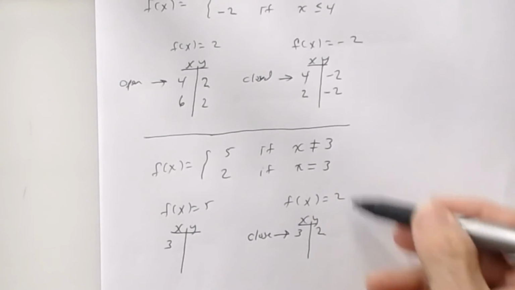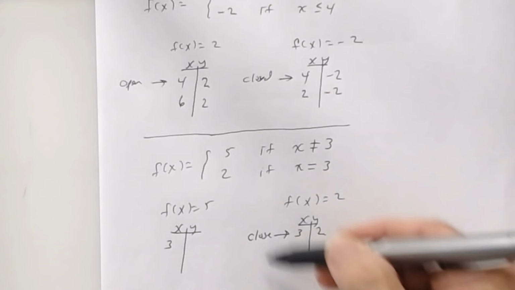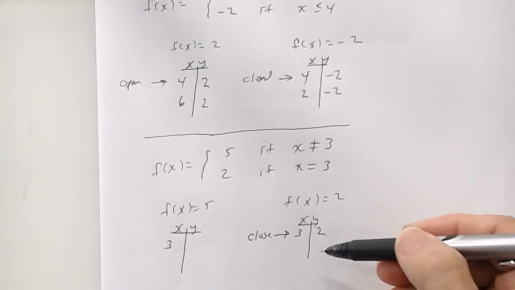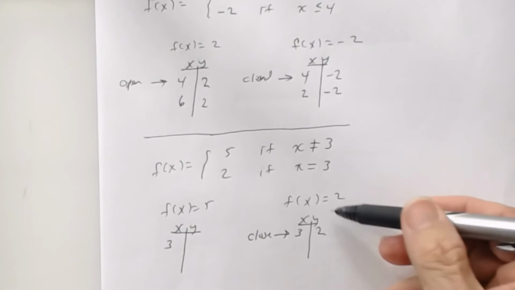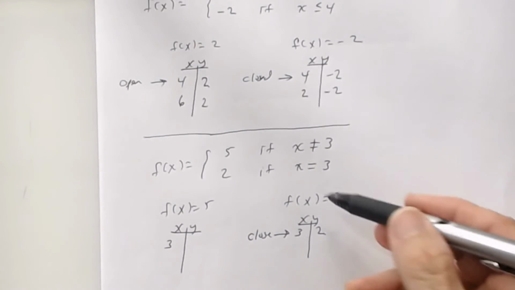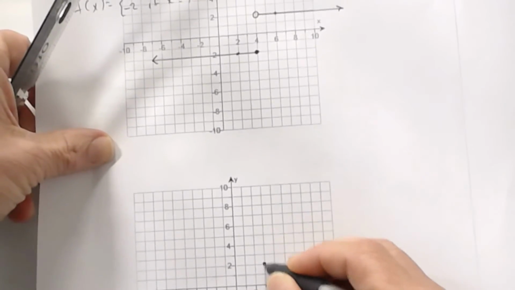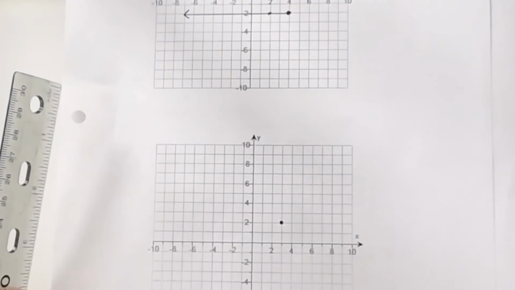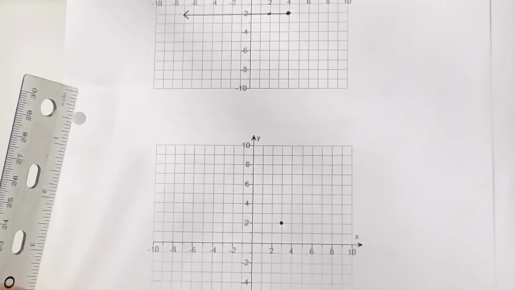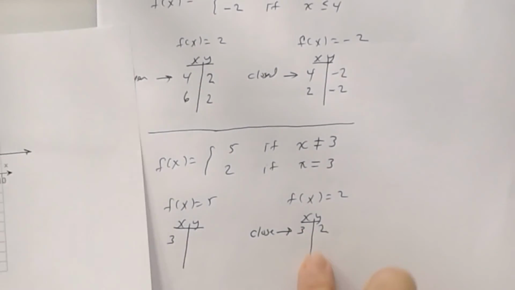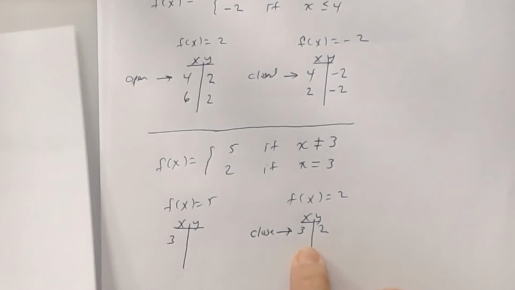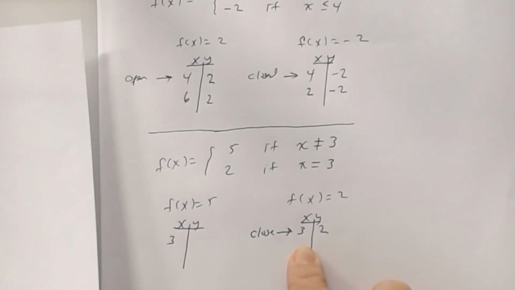So when I graph this function, it's just a point. F of x equals 2 when x is 3 is just a point, (3, 2). I can't use any other x value for this.